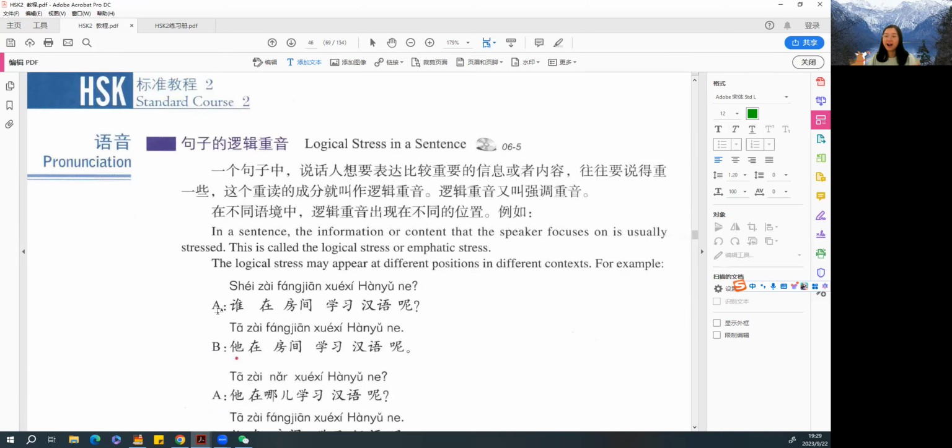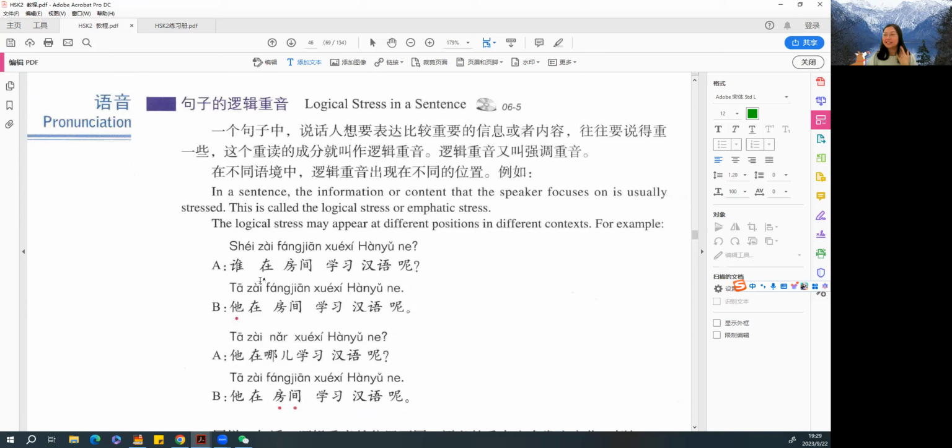So now let's continue the pronunciation. Please read after me, and you can see these two sentences, they are exactly the same, right? But A is asking a question, B is answering the question. So how to tell the difference? There's a question symbol here, and of course you are going to ask in an asking way.